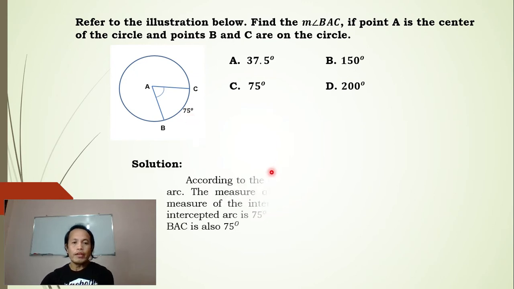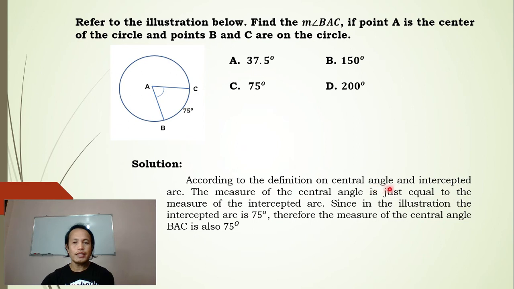According to the definition of central angle and intercepted arc, the measure of the central angle is congruent, meaning equal, to the measure of the intercepted arc. Since angle BAC is a central angle, because point A is the center of the circle, and the measure of the intercepted arc BC is 75 degrees, the measure of the intercepted arc and the central angle are equal.